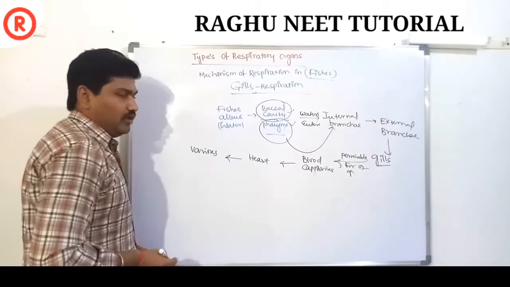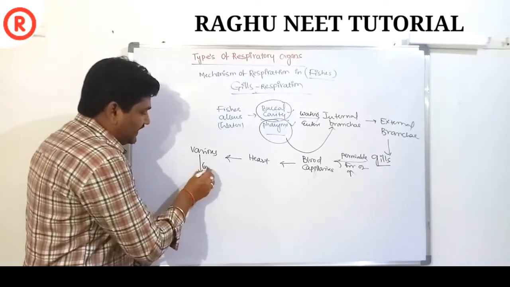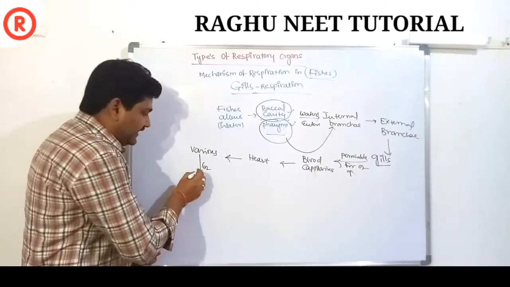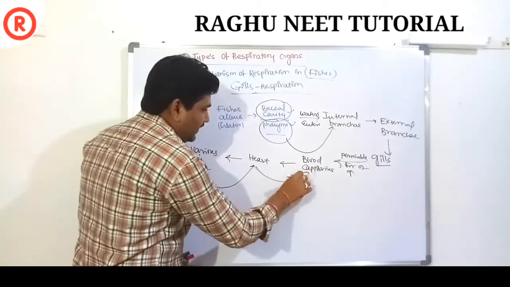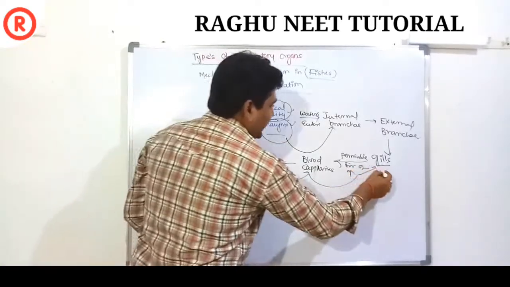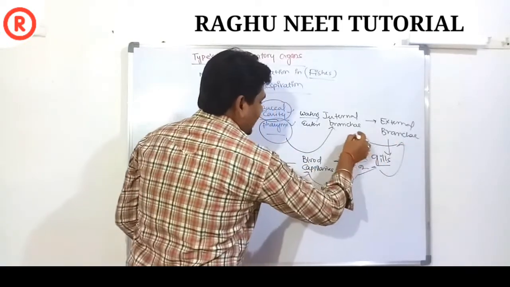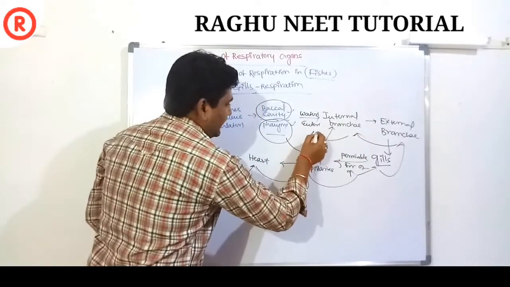After utilization in various parts of the body, carbon dioxide, in the form of deoxygenated blood, returns in the same way through the heart to the blood capillaries, to the gills, to the external branchiae, to the internal branchiae, releasing carbon dioxide.